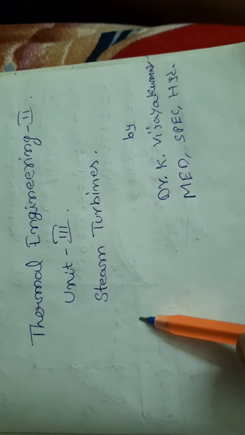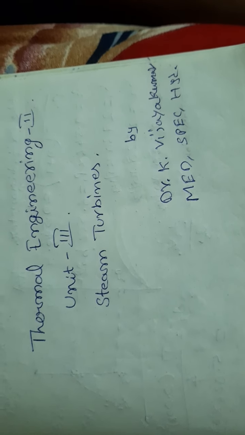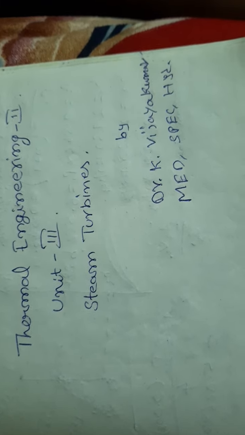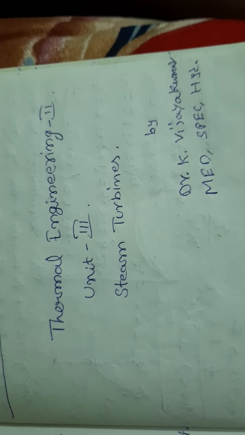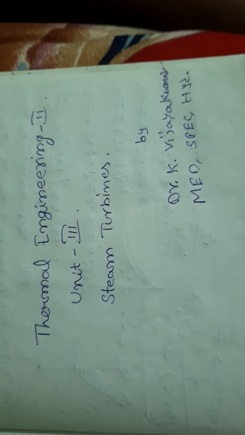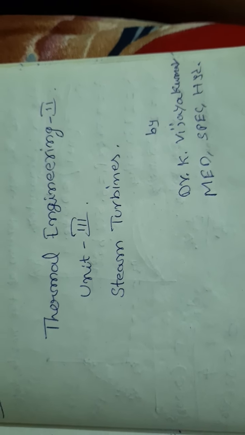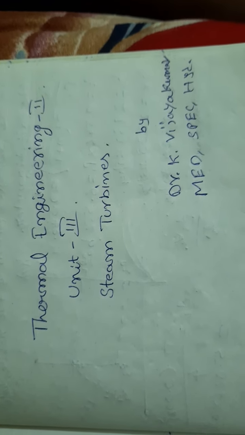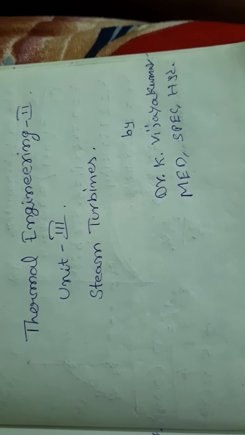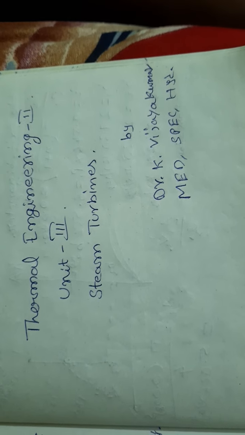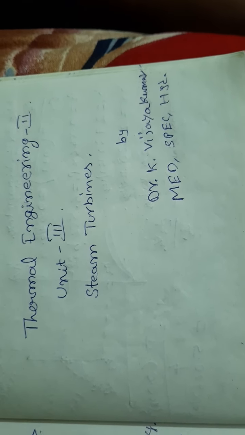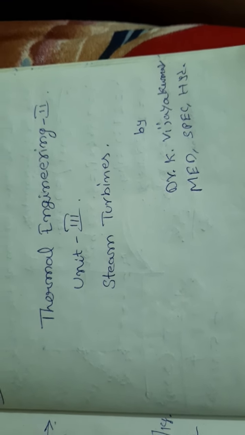If it is 1.2 to 2 bar, it is a low pressure turbine. Up to 40 bar, it is a medium pressure turbine, or else above 40 bar it is a high pressure turbine. Next is according to the number of stages: a single stage turbine or a multi-stage turbine, meaning greater than one stage.